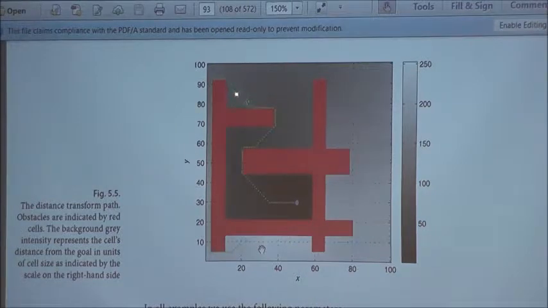And then you come to a point here, and then you make an assessment about the distances. You see going this way is longer than here, so you go directly. And then you go around and do the same thing here, same thing here. You go directly here and here.